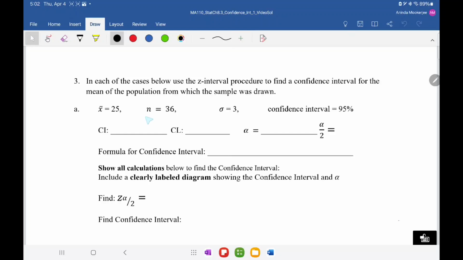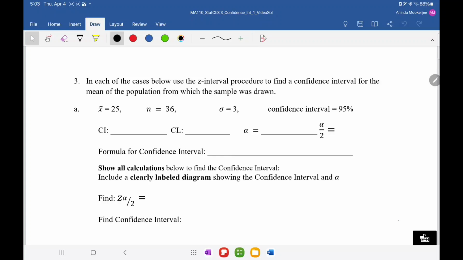Now this is a problem which is not application based. It's a straightforward problem. They've told us which procedure to use, the z-interval procedure, and they've also given us specifically the data points that we will need to find the confidence interval. If this were an application word problem, then we would have to carefully read the problem and first of all determine which procedure we could use.